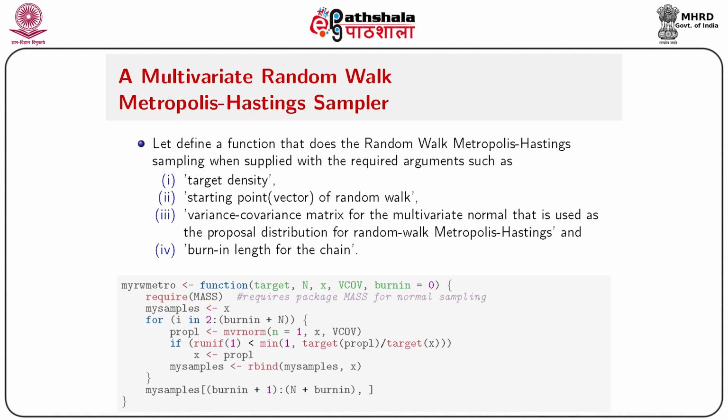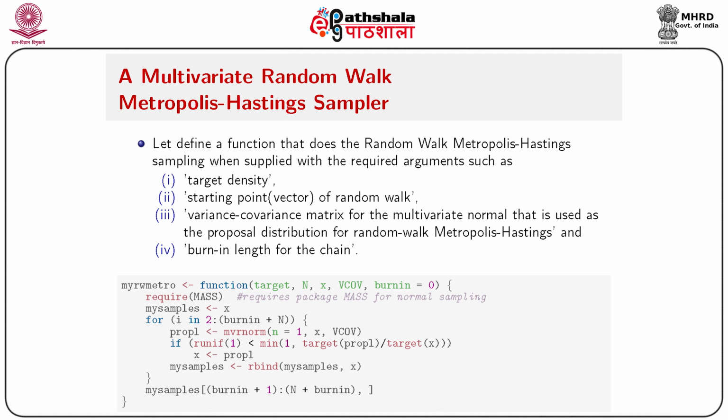Then my samples equals x, and I'm using a for loop from 2 to burn-in plus n. So if 1000 is required and burn-in is 500, the total sample generated will be around 1500, as per the for loop.